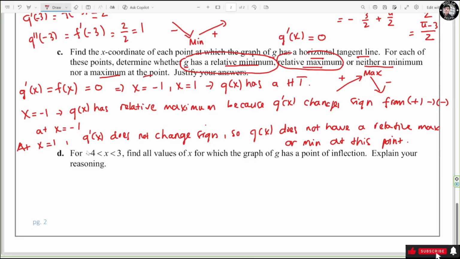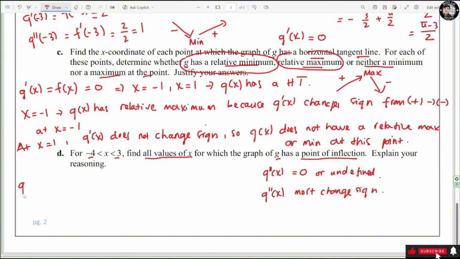Now let's move on to the last question, question D. For the interval from negative 4 to 3, find all values of s for which the graph of g has a point of inflection. Alright, so g has a point of inflection when g double prime of s equals 0 or undefined, and g double prime of s must change sign.